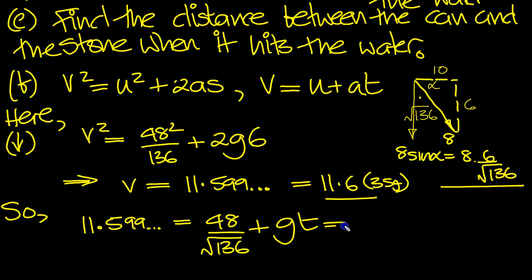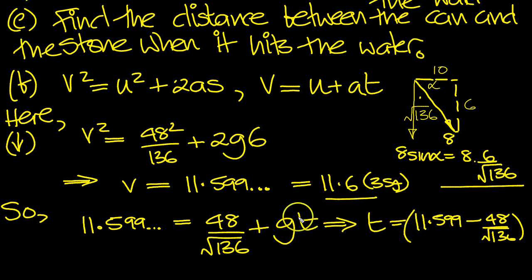So t is equal to 11.599 minus 48 over the square root of 136, all divided by g. I've moved this over as a minus, and I'm going to move the g from times to divide in one fell swoop.